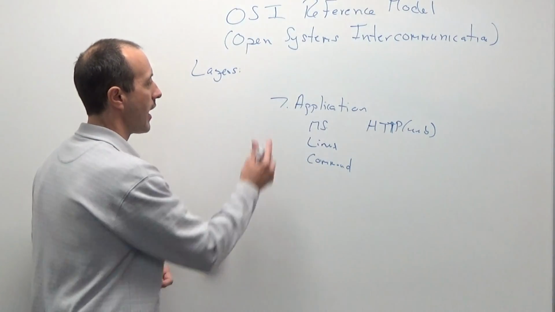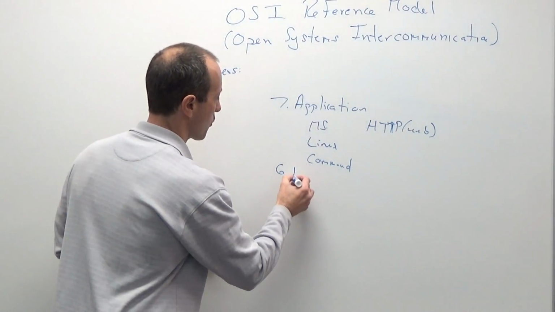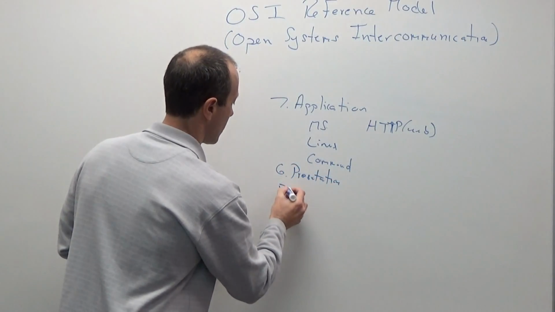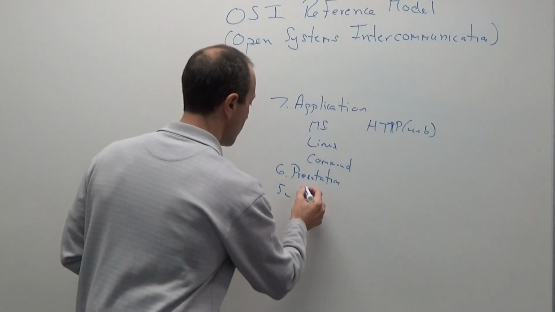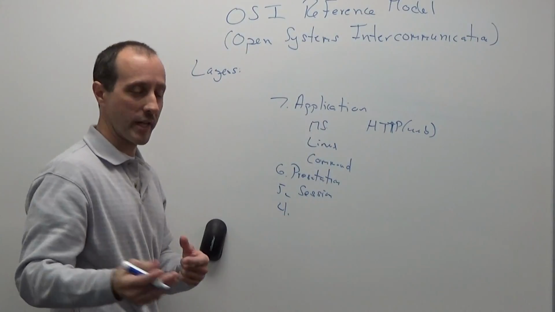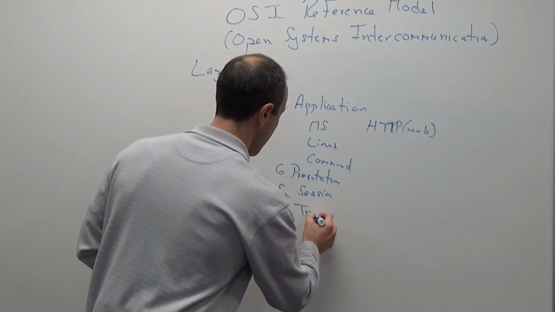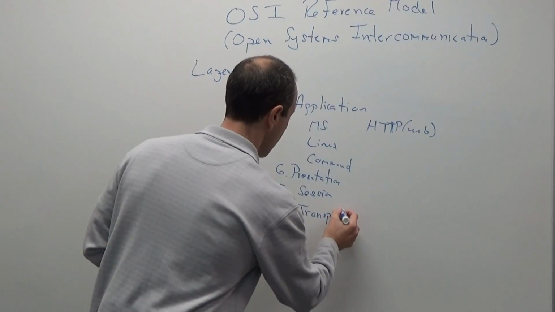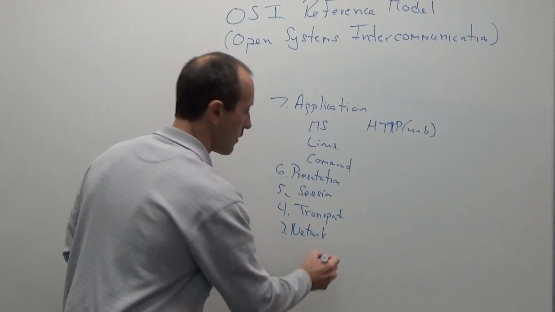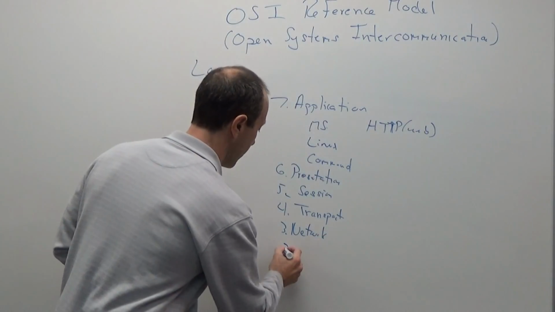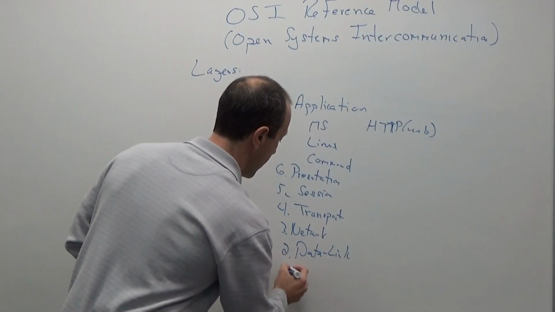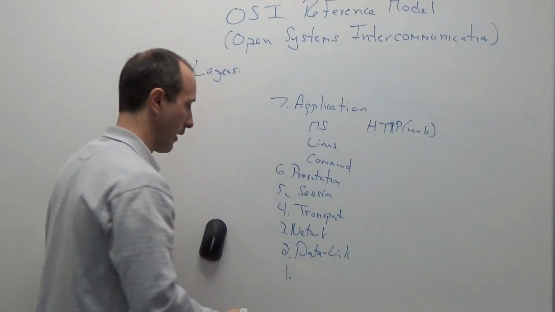So we've covered application, presentation, layer 5, session, layer 4, transport, layer 3, network, layer 2, data link, and finally down here, the physical layer.